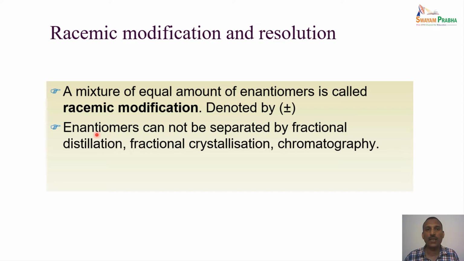Since the enantiomers have every physical property the same, like boiling point, melting point, and density, we cannot apply the usual physical separation techniques like fractional distillation, fractional crystallization, and achiral chromatography.